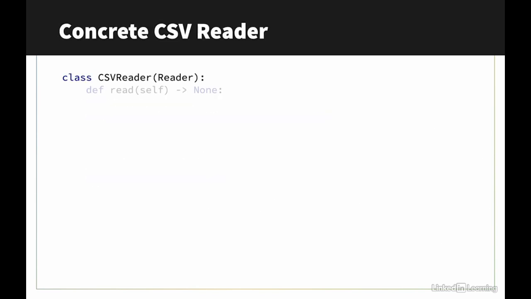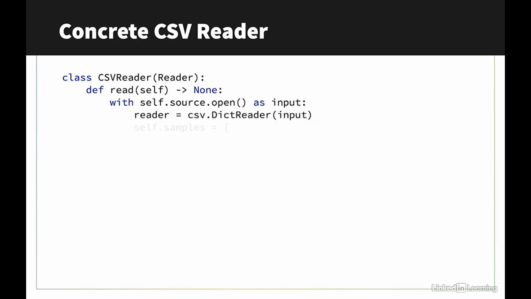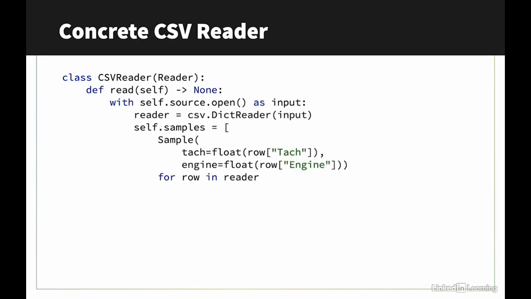This version is a subclass that works for CSV format files. I've provided an implementation of the read method that satisfies the simple rule of matching the parameters and return types. It's less obvious without a unit test, but this also matches the required behavior. It requires the source attribute to be set, and it sets the value of the samples attribute.